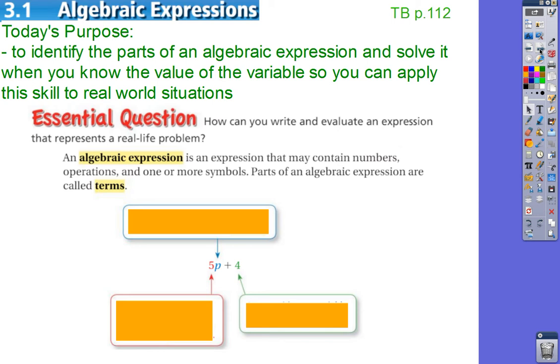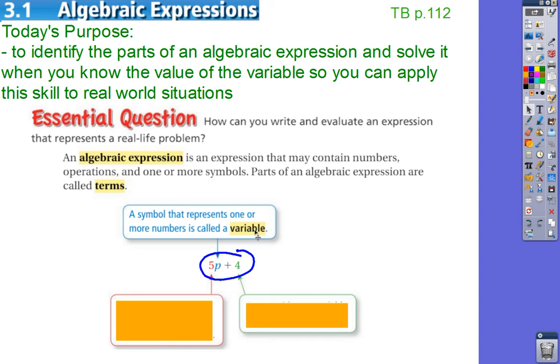But the parts of an algebraic expression are also referred to as terms. So if we look here on this page, I have 5p plus 4. Okay, the first part of this expression that we're going to talk about is the variable.